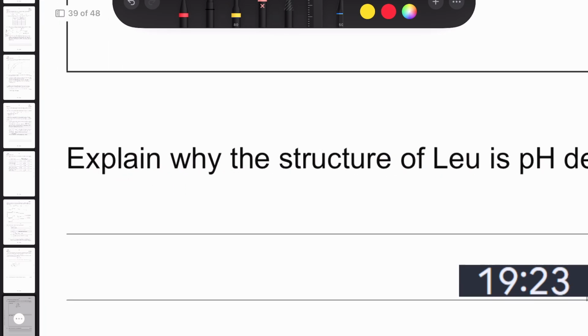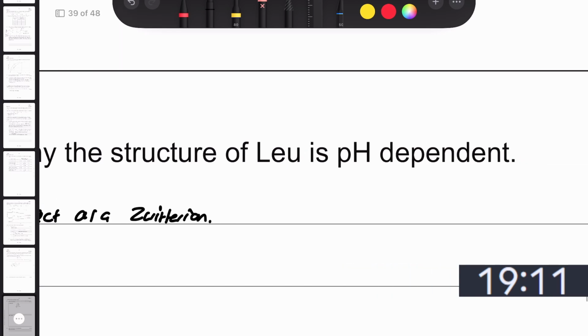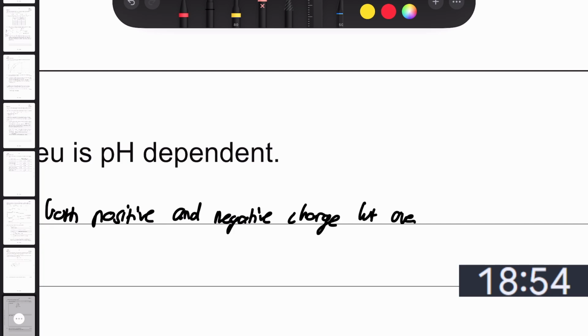I don't know. Leucine can act as a zwitterion, having both positive and negative charge, but overall neutral.